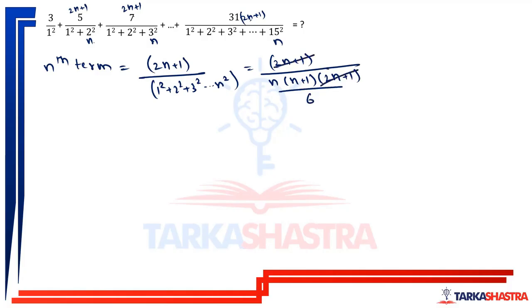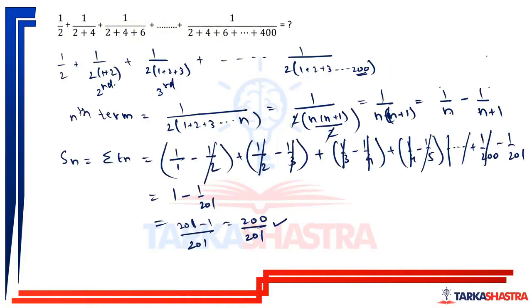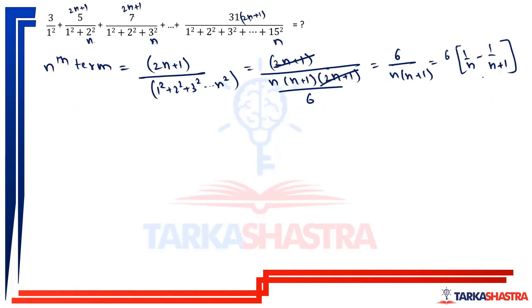This 2n plus 1, this 2n plus 1 gets cancelled. This 6 will come up and we'll have n into n plus 1, which is 6 common, 1 by n minus 1 by n plus 1. We have just seen this. And 1 by n minus 1 by n plus 1, which is 6 by n minus 6 by n plus 1.